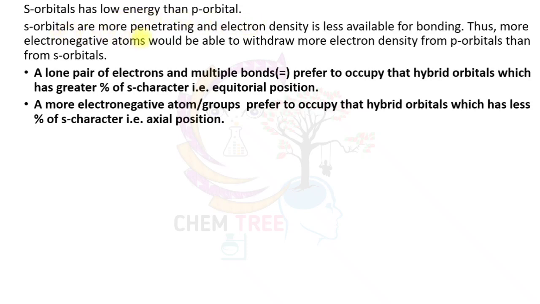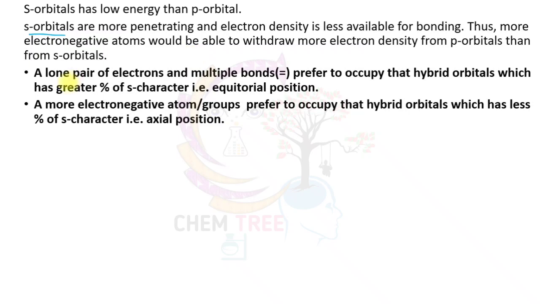s orbitals are more penetrating and electron density is less available for bonding. Thus, more electronegative atoms would be able to withdraw more electron density from p orbitals than s orbitals, because the s orbitals are present very near to the nucleus. Electron density is less available for donation.